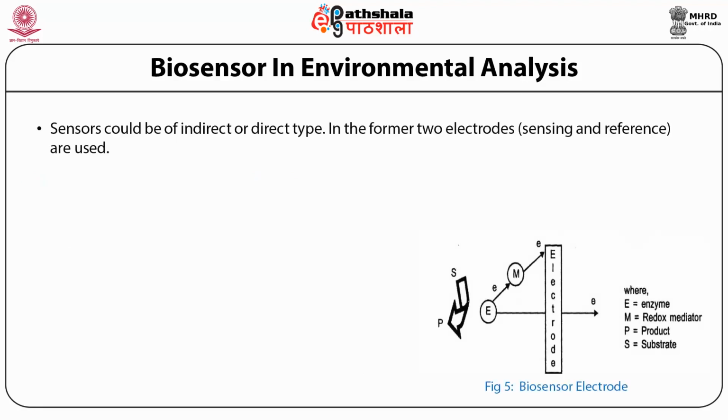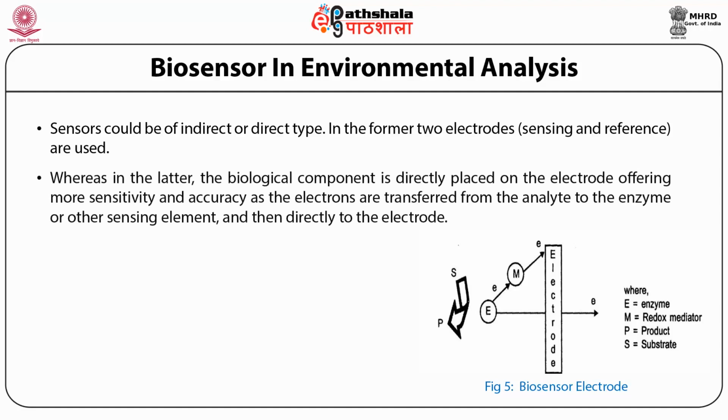This sensor could be of indirect or direct type. In the former, two electrodes are used and it is based upon the principle of amplifying the signal received from the sensor. In these types of sensors, electrons are transferred from the analyte to the enzyme or other sensing elements and then directly to the electrode. After that, the signal is amplified and measured with the help of a microprocessor.